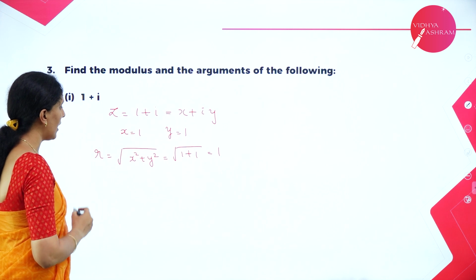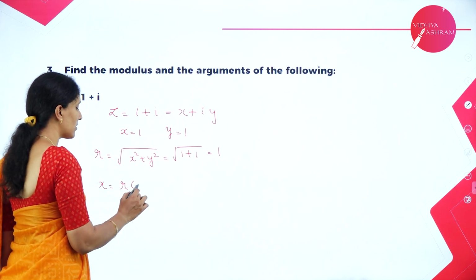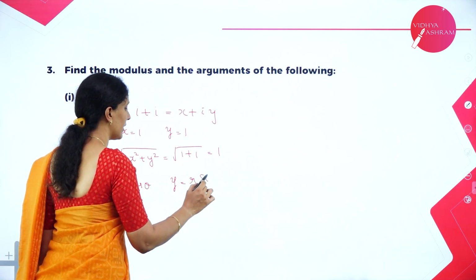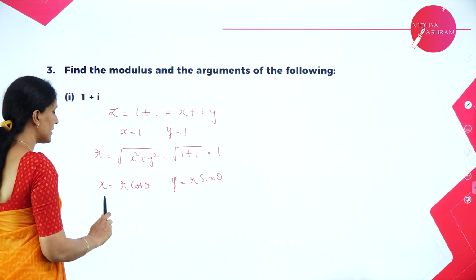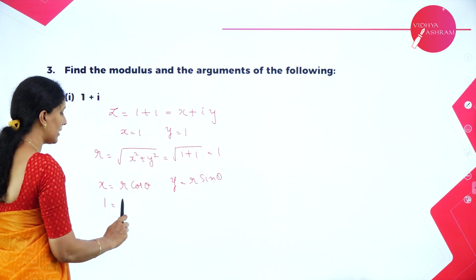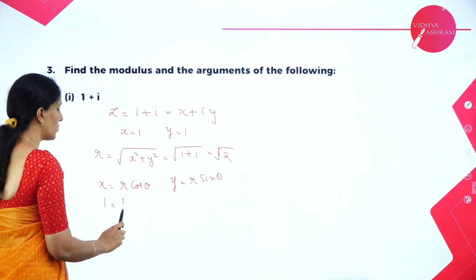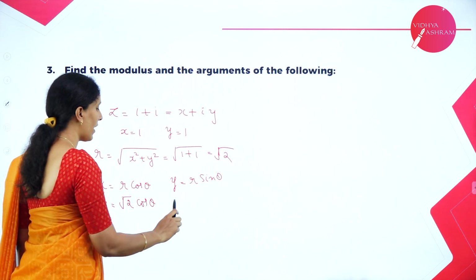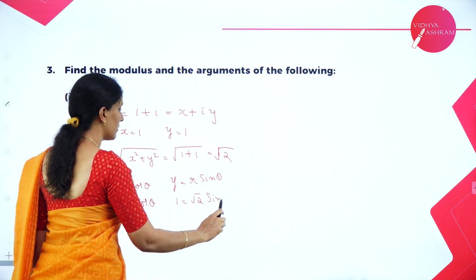Now, we need theta. We know the conversion that x can be taken as r cos theta and y can be taken as r sin theta. Here x is 1, r is root 2, so root 2 cos theta, and the y value is 1, r is again root 2, sin theta.